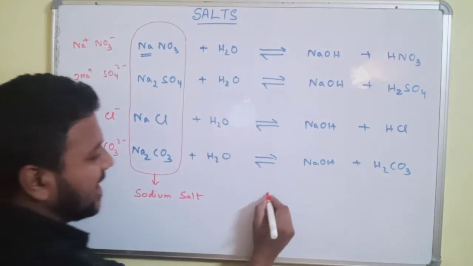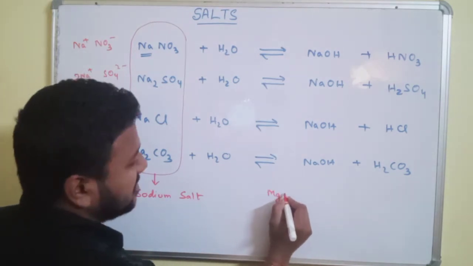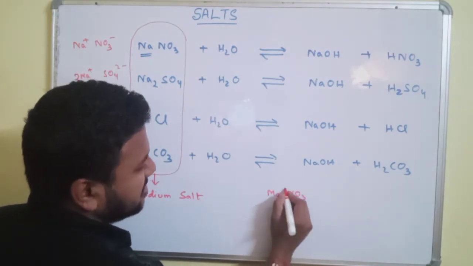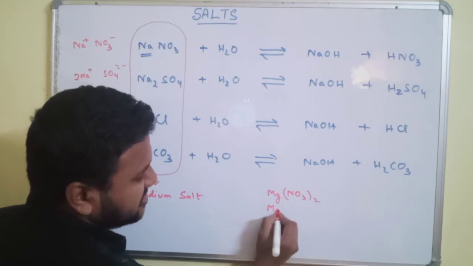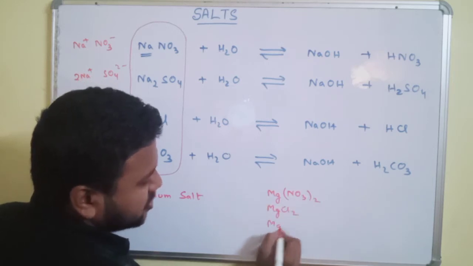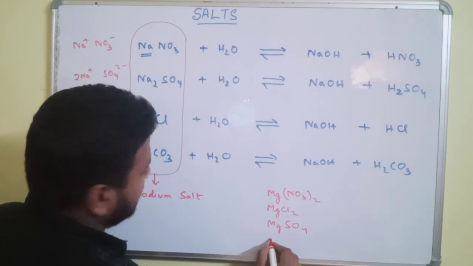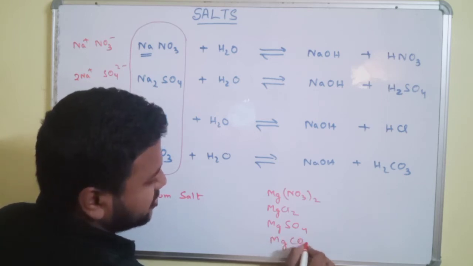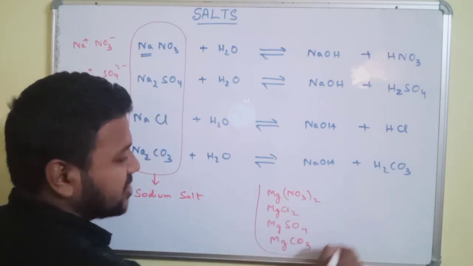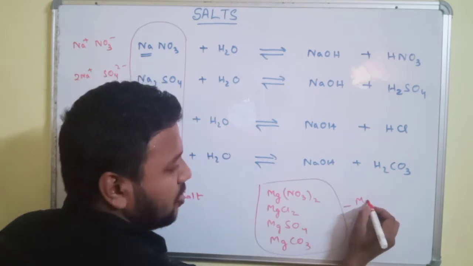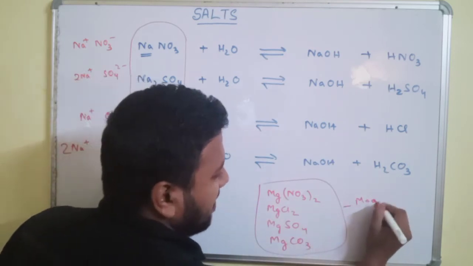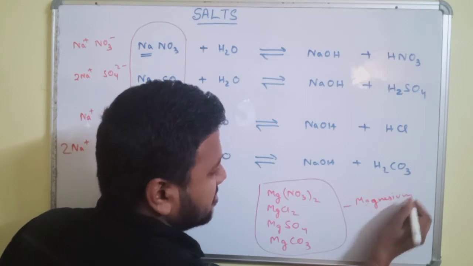If we see Mg(NO3)2, MgCl2, MgSO4, or MgCO3, these are actually magnesium salts.